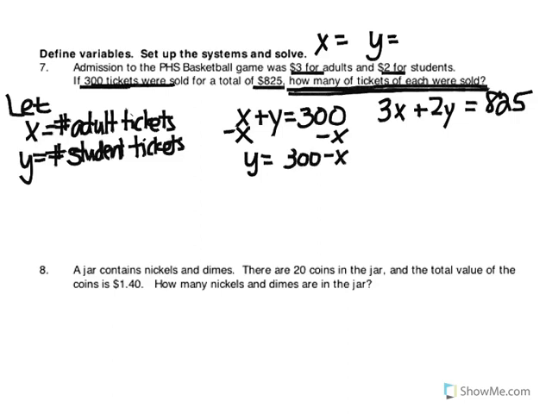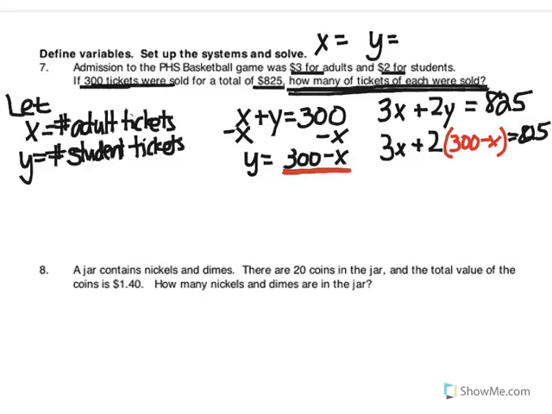So now that I know that y equals 300 minus x, I'm going to substitute that for y in the other equation. So we have 3x plus 2, and we're going to substitute in 300 minus x for y equals 825.